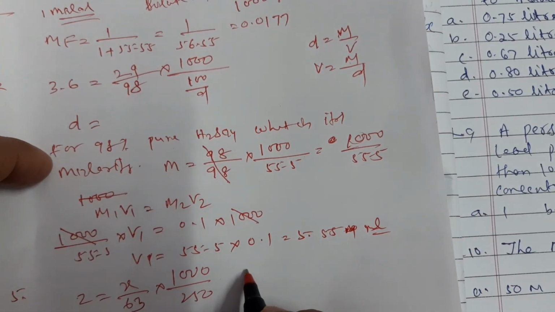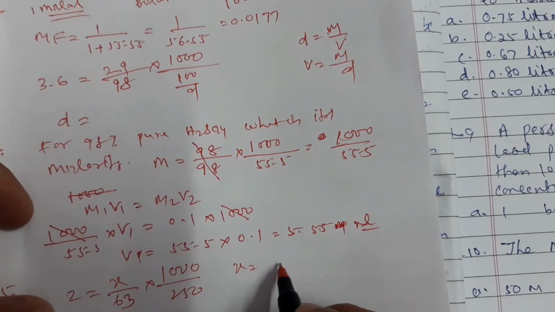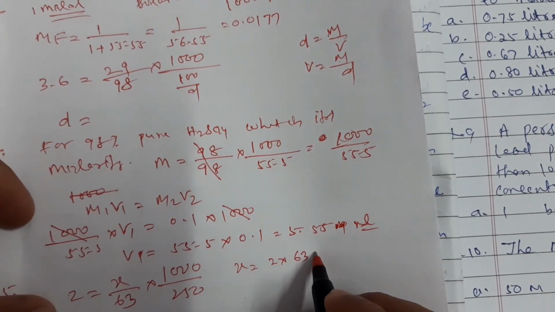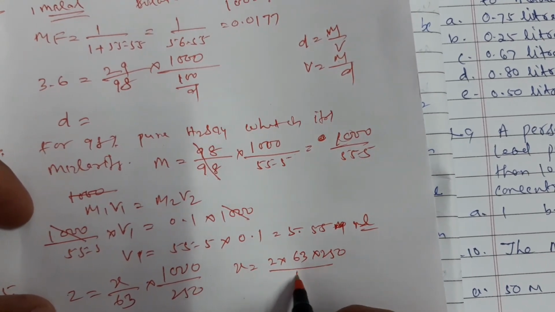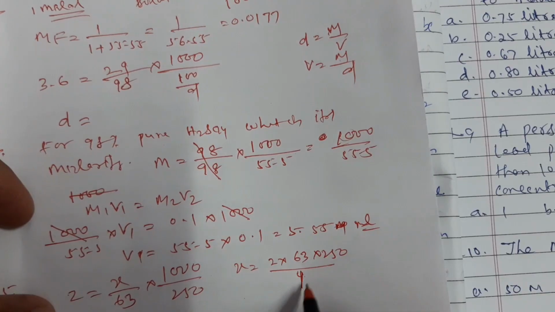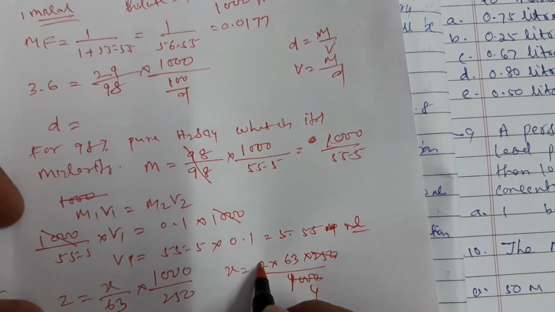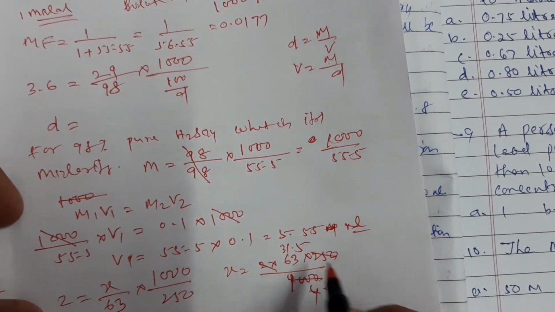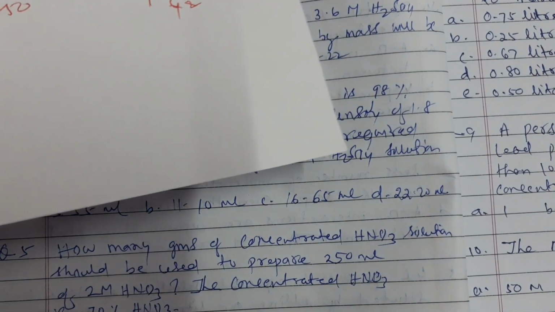So x is 2 multiplied by 63 multiplied by 250 divided by 1000, which is 31.5. So you will take x is 31.5 gram, but you require 70% nitric acid.